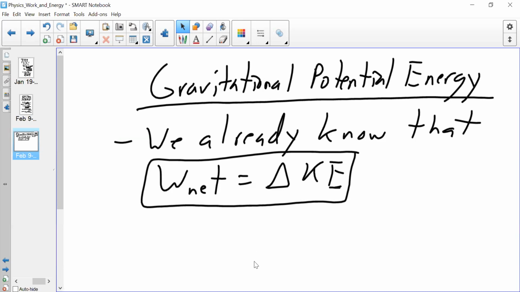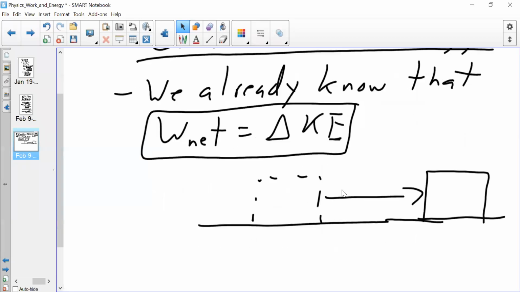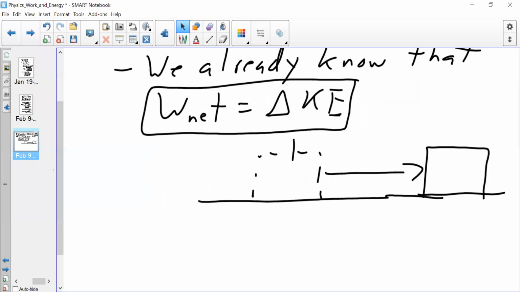Because if I have my box here and I pull it over a certain displacement to a new position, then I'm changing the object's kinetic energy. Here it was at rest, VI is equal to 0. And if I take a picture at this moment while I'm pulling it, it's going to be moving at some particular speed.